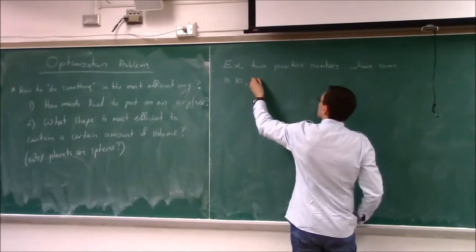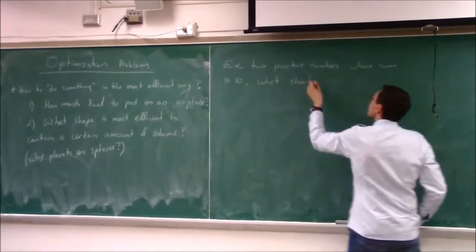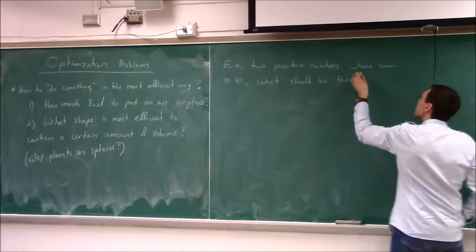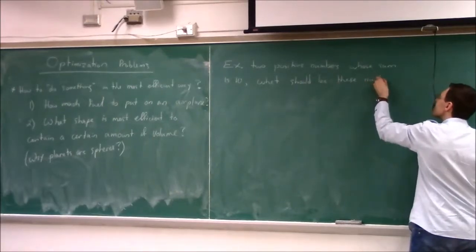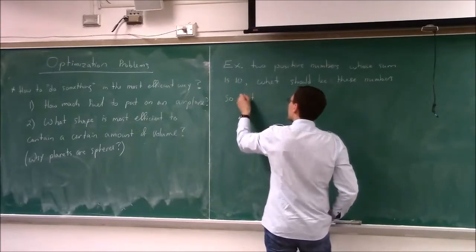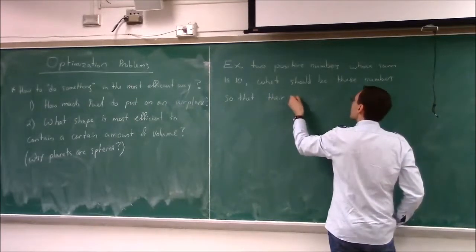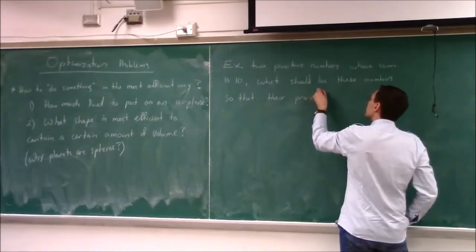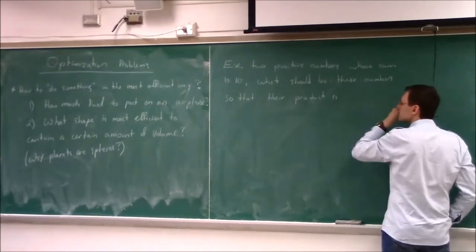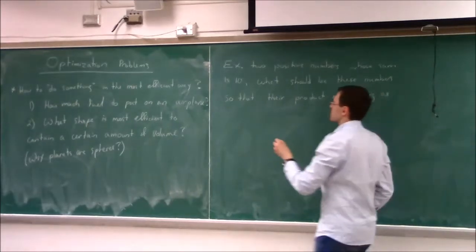What should those numbers be, so that their product is as big as possible?